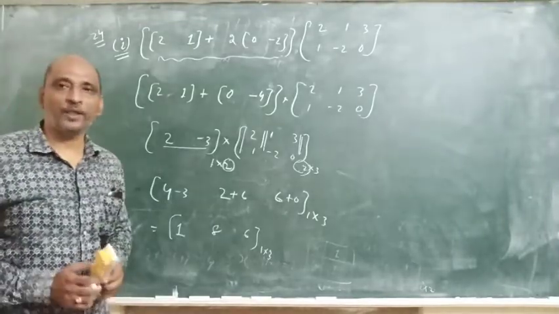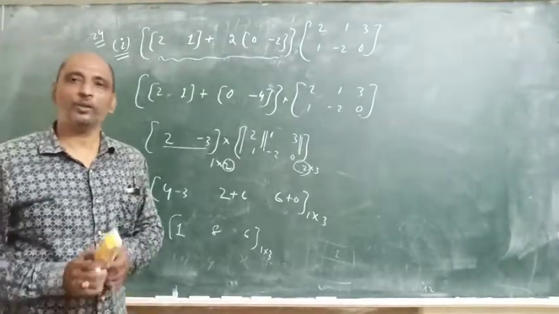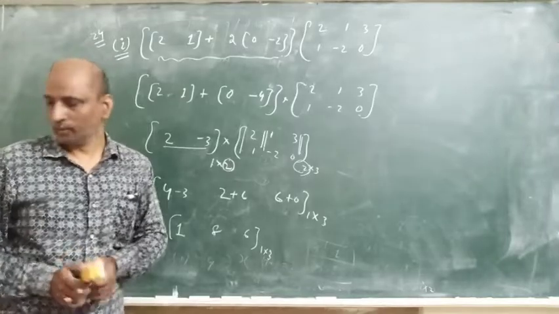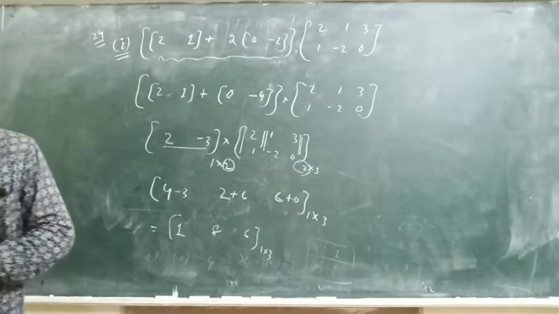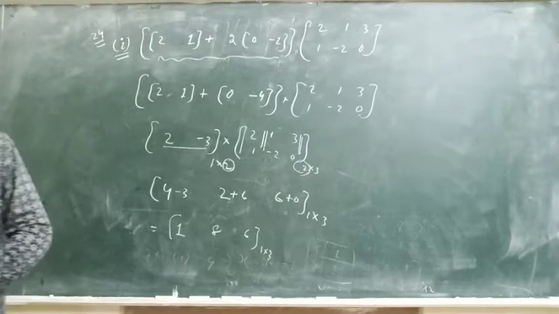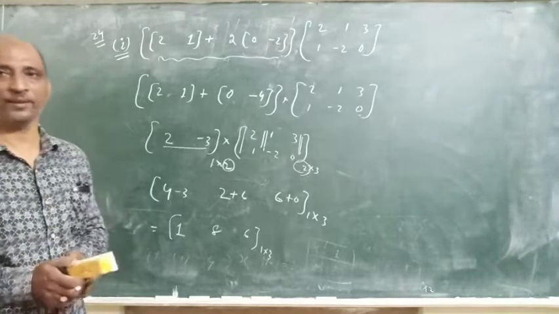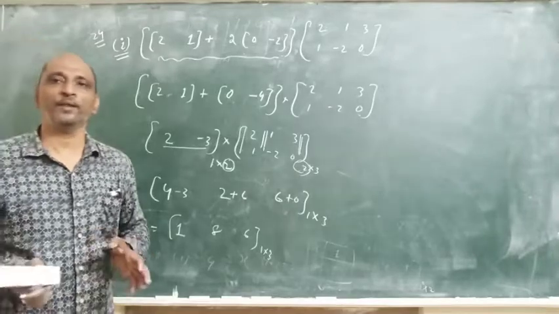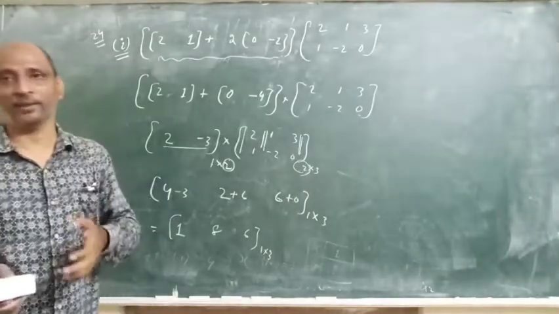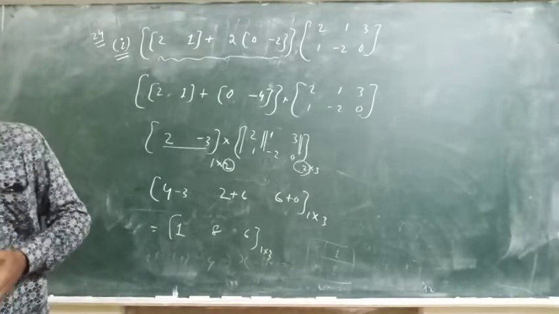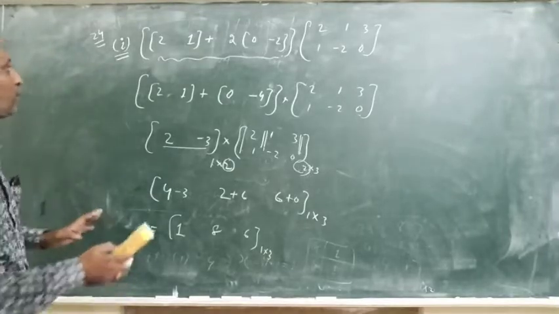Now 25, you can do yourself. 25 is easy. A is given, a third order matrix, B is given, a third order matrix, C is also a third order matrix. Then by using the multiplication you can find AB, AC, then A plus B plus C, B plus A plus C, whatever it may be.